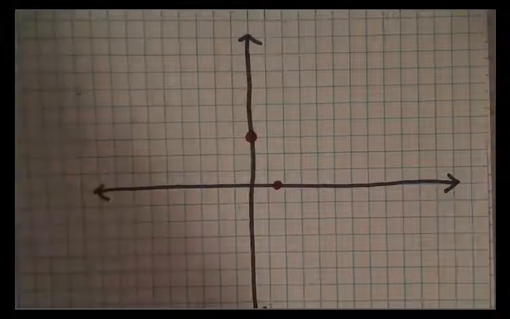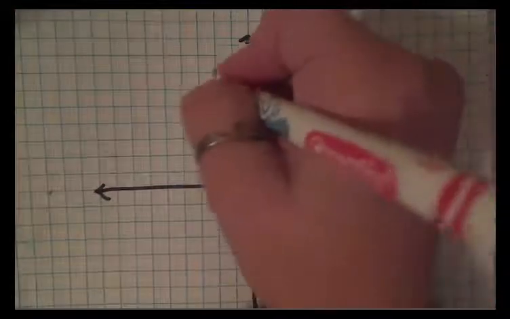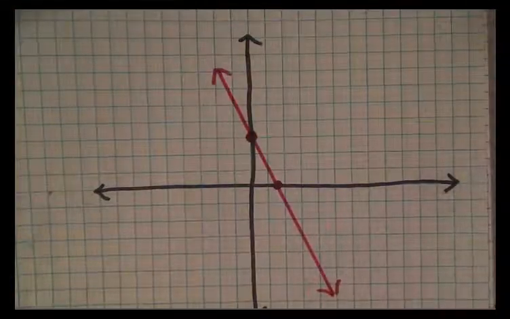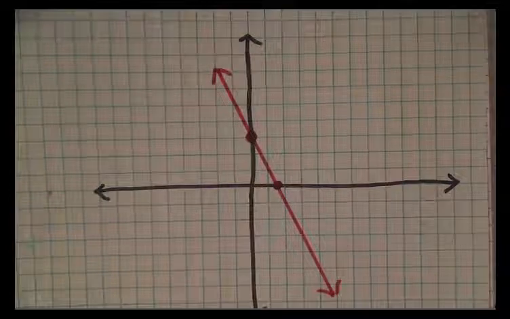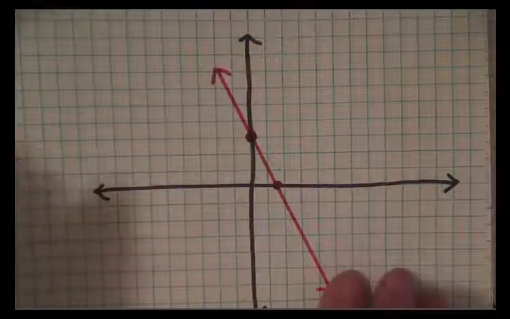This paper is a little bit thicker, so maybe I can draw a straighter line. So there's my red line, there's my first line. So now let's look at the second equation, the 4x plus 2y equals 12. Let x equal 0.